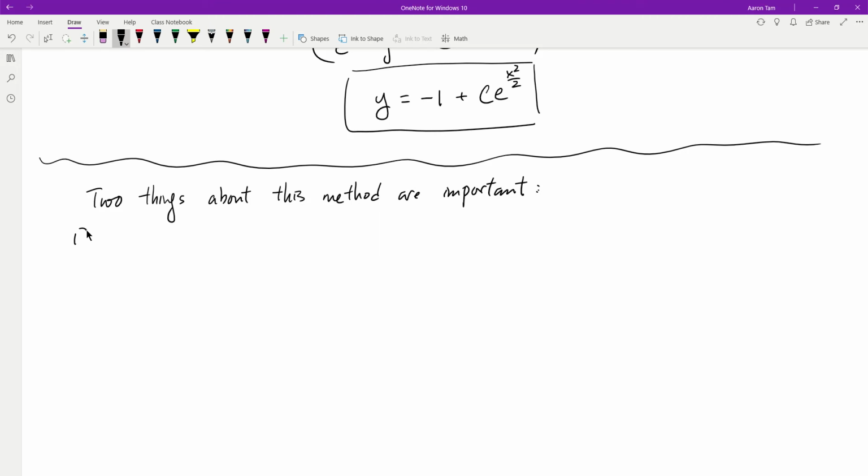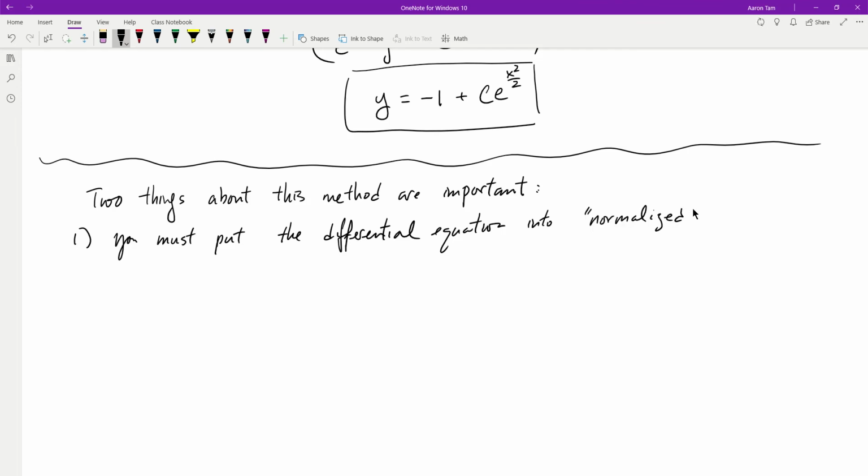And so what are these two things? So number one, you must put the differential equation into what we call normalized or normal form, or normalized form of y prime plus g of x y equal to f of x.